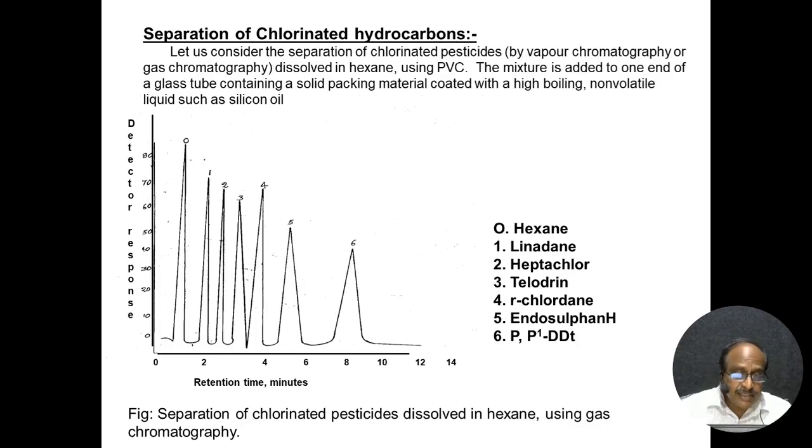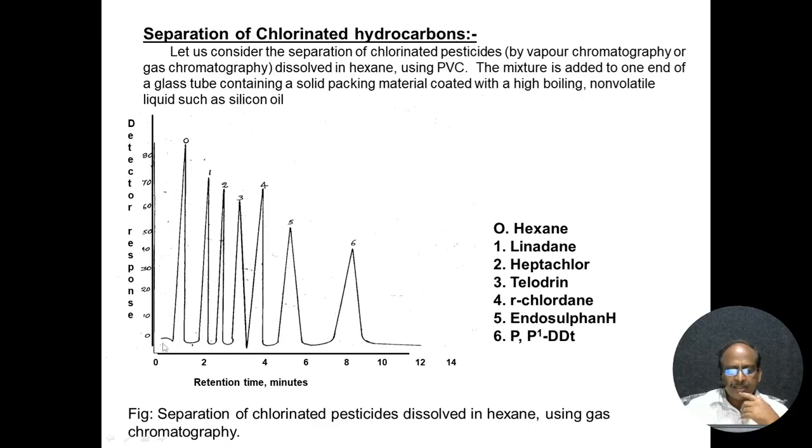By using this technique in gas chromatography, chlorinated hydrocarbons are separated. Let us consider the x-axis is the retention time, and on the y-axis we detect the response in gas chromatography.